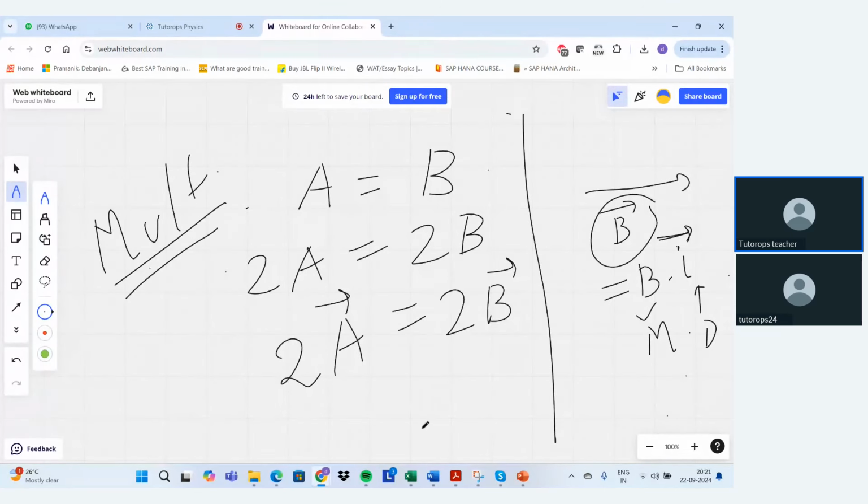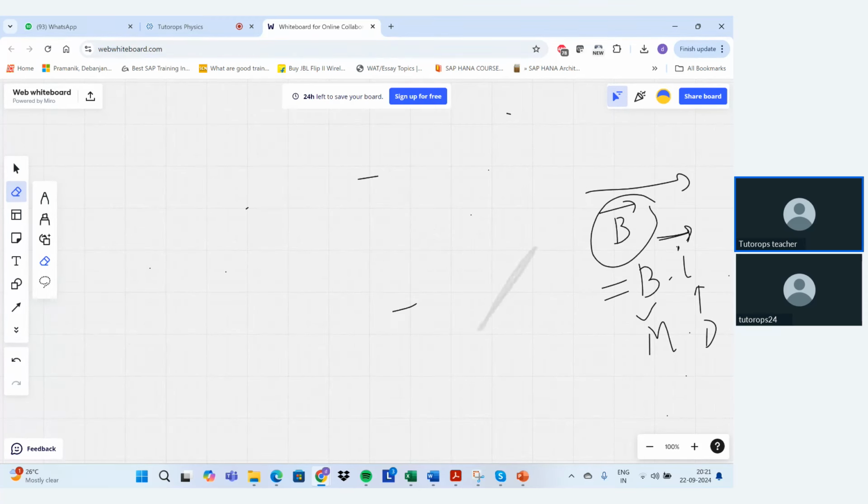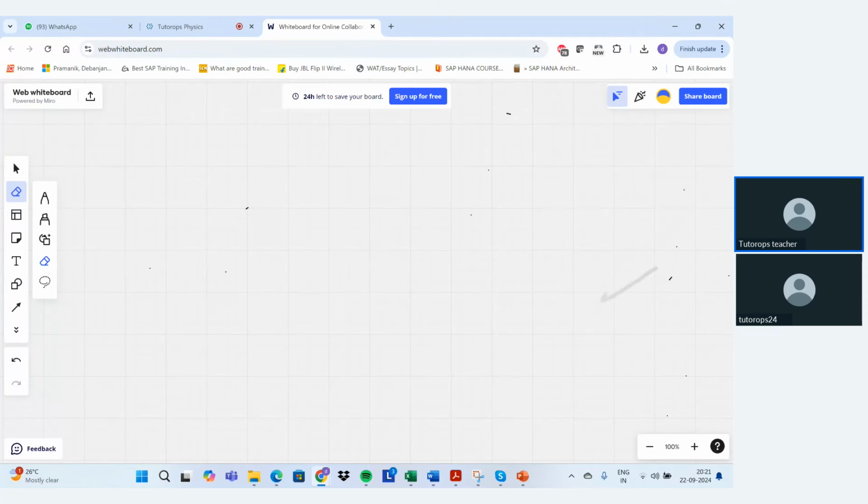Okay, now coming to the subtraction. Subtraction is very tricky and very easy, and a lot of questions come in subtraction. It is very easy, like addition, but a bit trickier angle-wise.